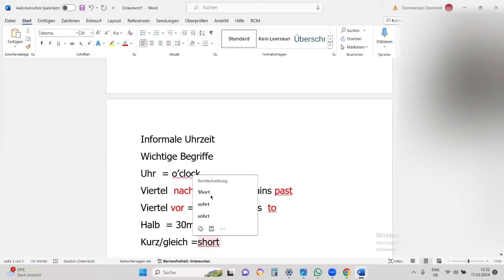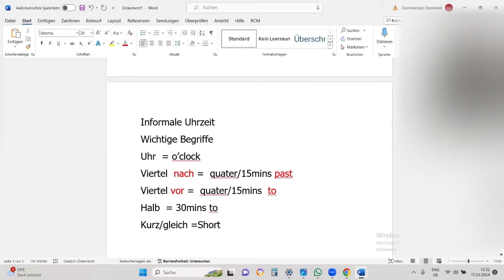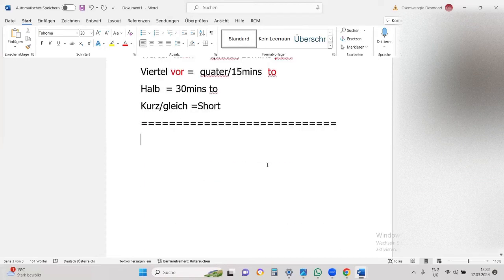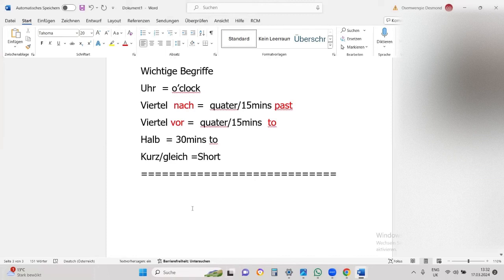So how do you make use of these terminologies? It's very simple. I'll go online and use a real clock.